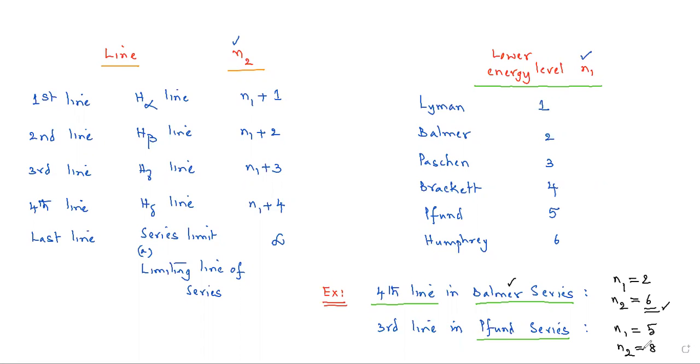Okay, so that is about the N1 and N2 values. Only when you can write the N1 and N2 values, you'll be able to solve the question. Let me give you some more for clarity's sake.